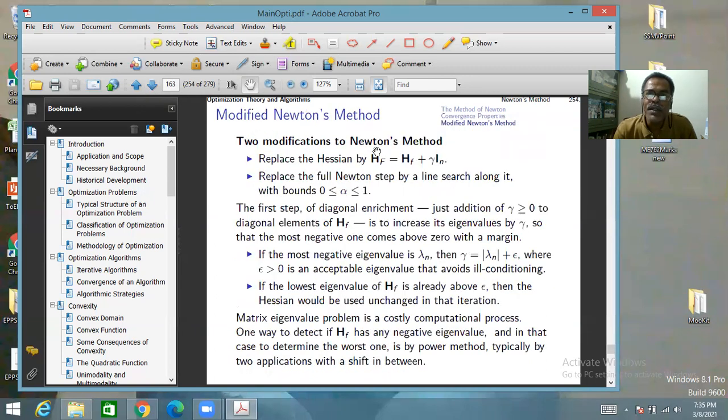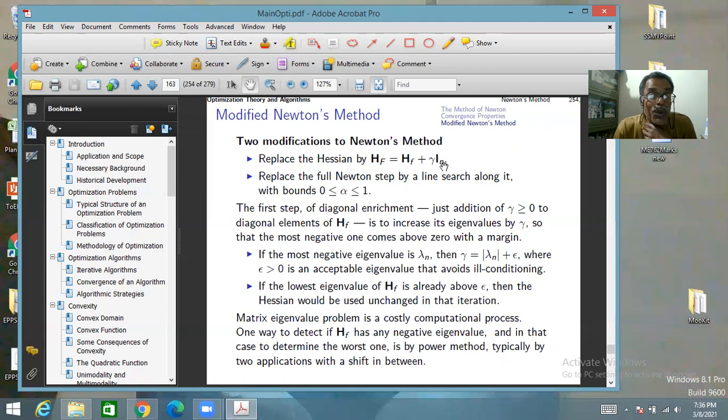So the two modifications to Newton's method: one is to replace the Hessian by adding a positive number gamma to the diagonal entries. By that, you would increase all the eigenvalues by gamma. So whatever was the negative eigenvalue, compared to its magnitude, if gamma is higher, then you would end up pulling all the eigenvalues to the positive side, and that will be good enough.